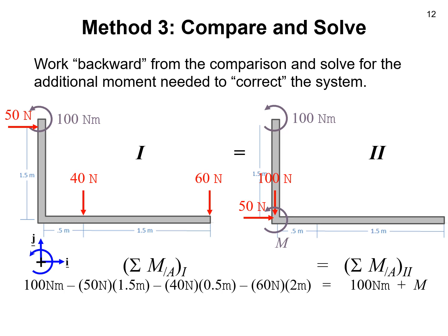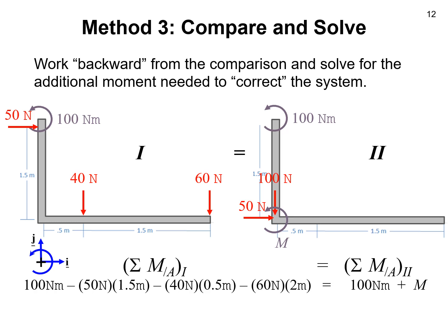And again, let me emphasize that even though that torque is not drawn at point A, it has the same effect about point A. I'm going to then subtract 50 newtons times 1.5 meters. I'll subtract 40 newtons times 0.5 meters. And I'll subtract 60 newtons times 2 meters.